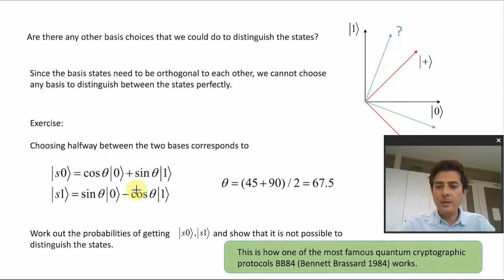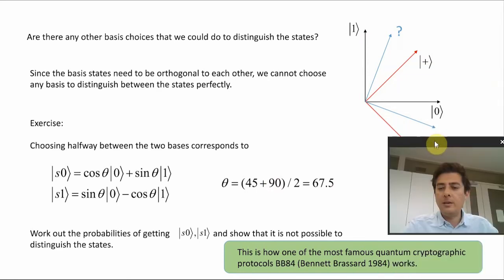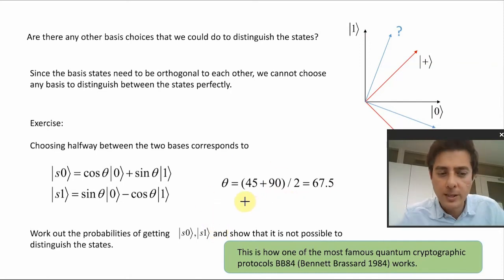So the aim would be, for these four states 0, 1, plus and minus, to be able to distinguish between those states perfectly, but it's always going to be less than 100%, right? So there's no way to actually distinguish between these four states.